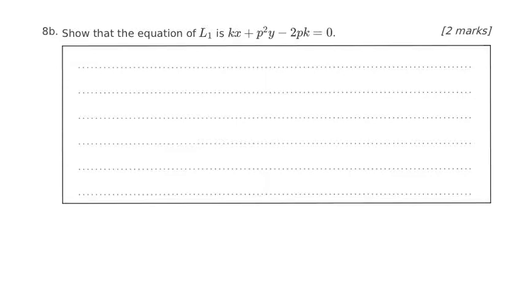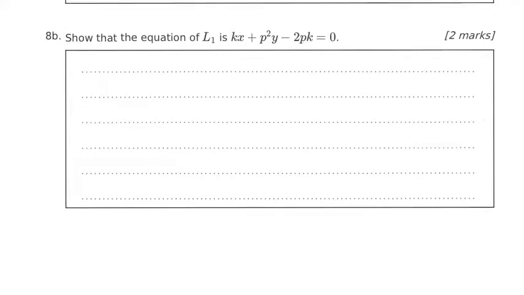8b, show that the equation of the line L1 is equal to kx plus p squared y minus 2pk equals 0. So we're going to use the equation of the line y minus y1 is equal to m times x minus x1.